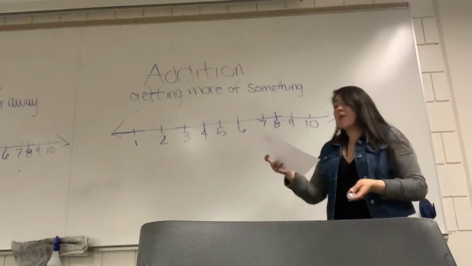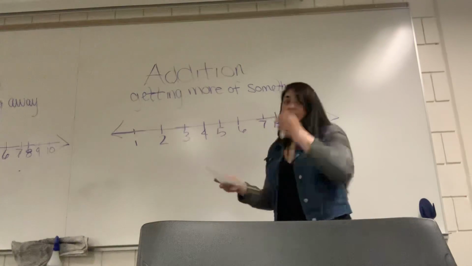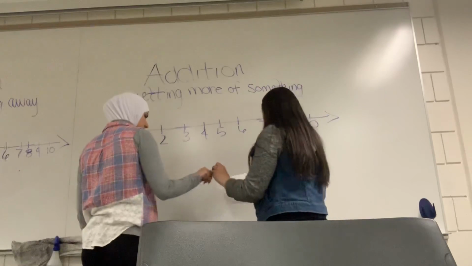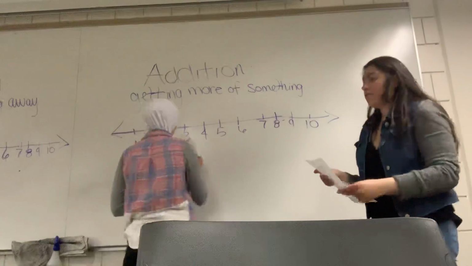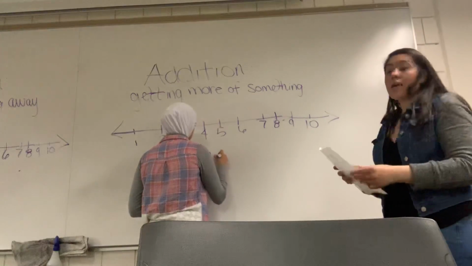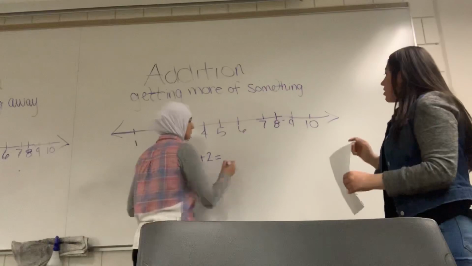So Nora, can you come up and do number 2? Let's do 8 plus 2. She's going to go ahead and write it on the board there, just like how I had written it. Now what number are you going to start with? 8.